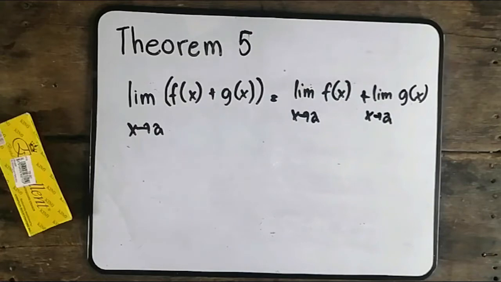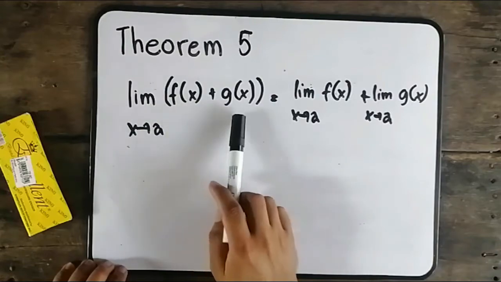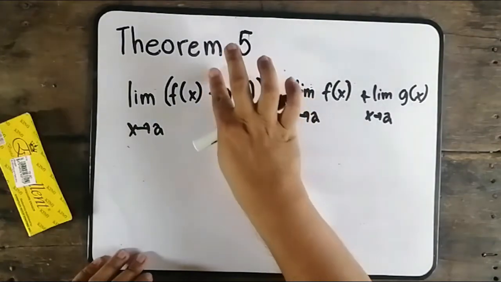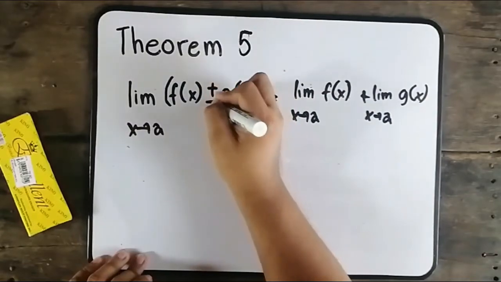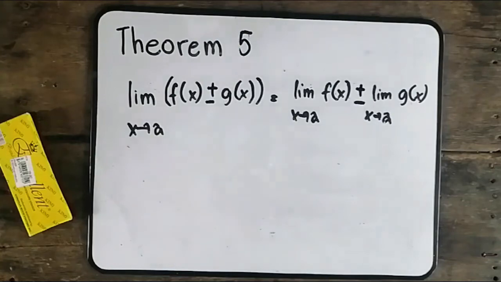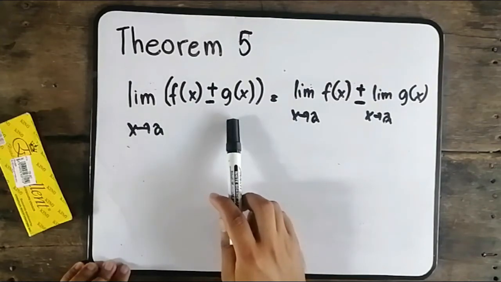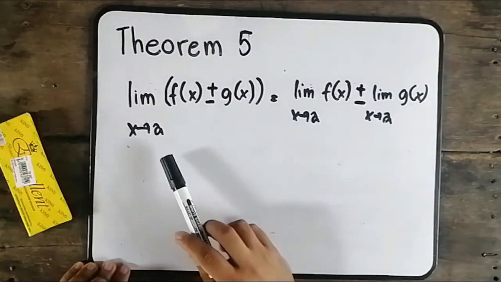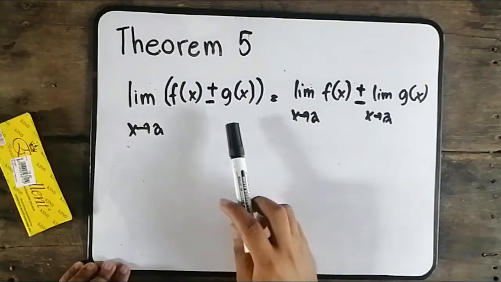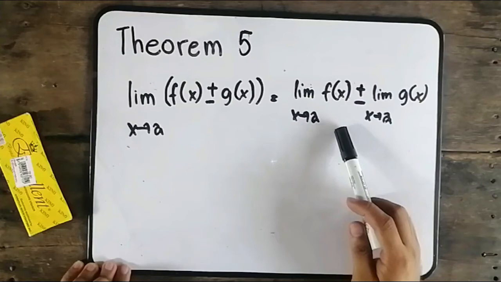Theorem 5 states that the limit of a sum or difference of two functions as x approaches a is actually equal to the sum or difference of the limits of the individual functions.